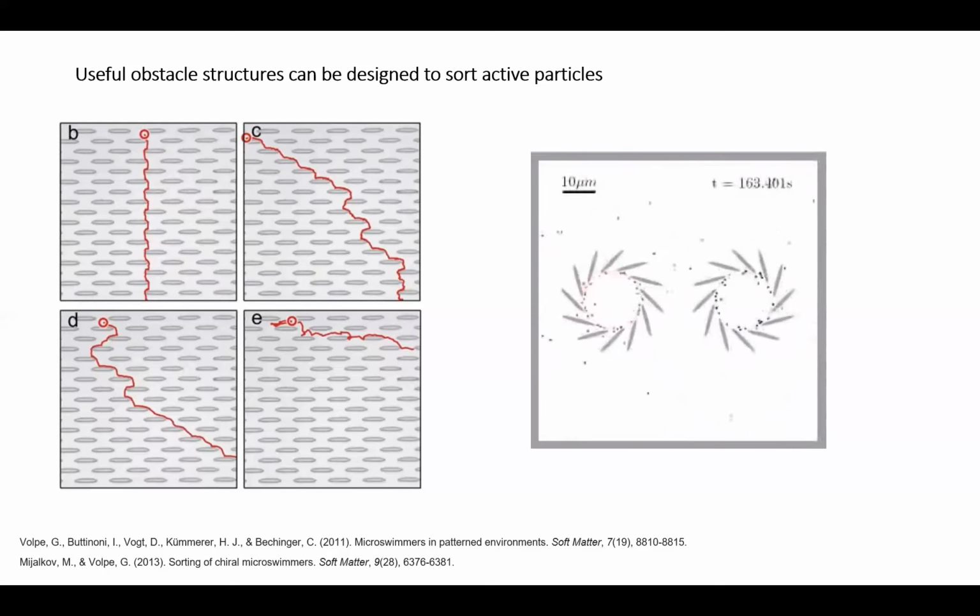You cannot apply any of these techniques to a regular Brownian particle that's not swimming. You cannot differentiate them if they are diffusing more or less, for example. You cannot make different obstacles where one type of particle accumulates here for one size, or lower diffusion coefficient, and particles with higher diffusion coefficient accumulate on that side. You cannot do it the same way that we apply these techniques on microswimmers. Is this clear?